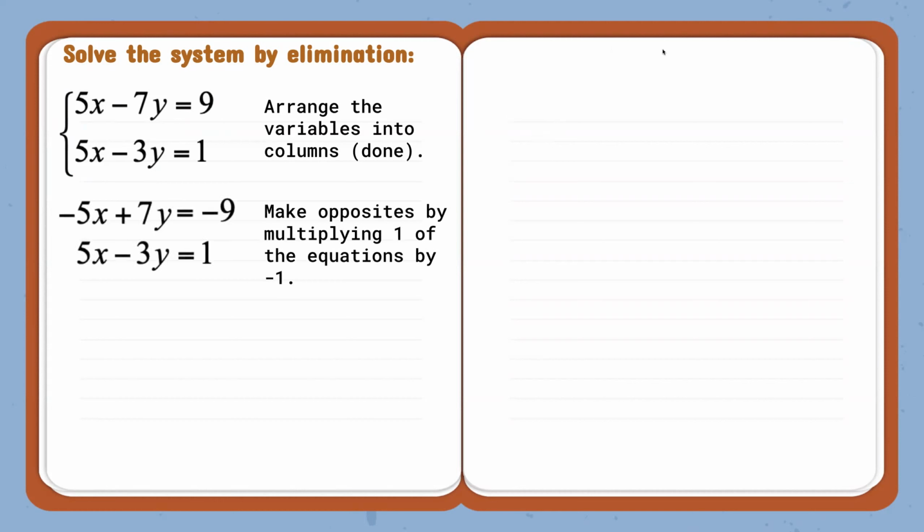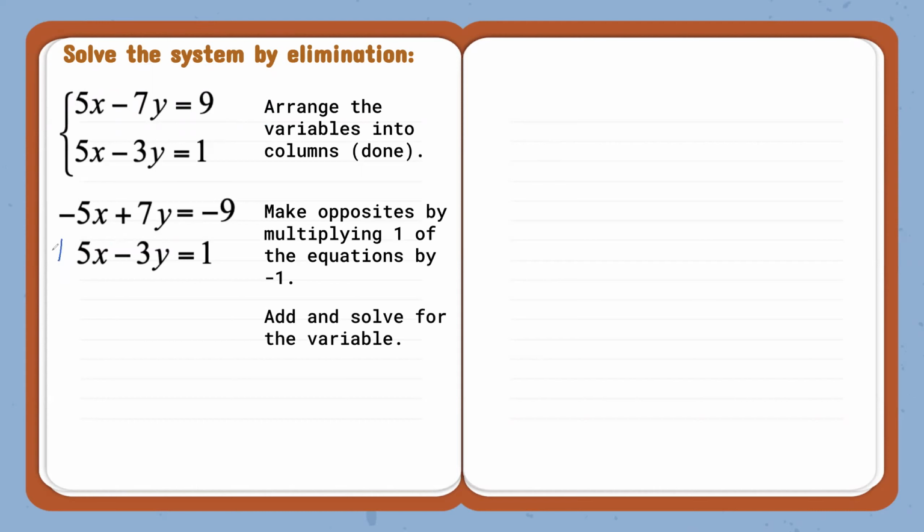And it looks like I multiplied this one by -1. And by distributing it, I get the -5x. -7 times -1 is +7. -1 times 9 is -9. Okay. Then I want to add and solve for the variable.